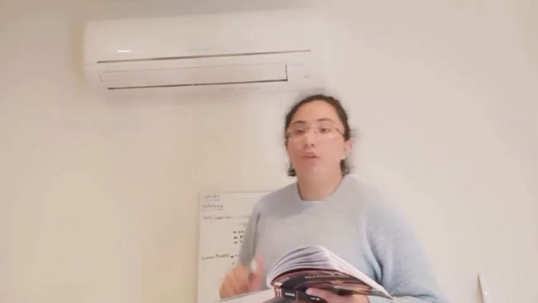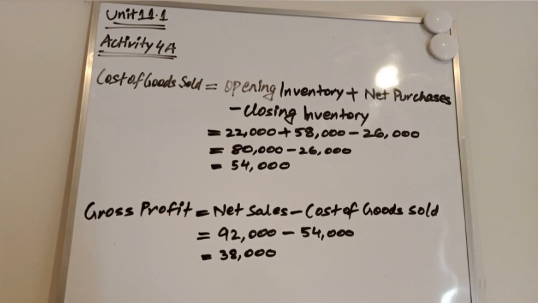So cost of goods sold is opening inventory plus net purchases minus closing inventory. So they are given opening inventory is 22,000, purchases is 58,000 and closing inventory is 26,000. So that cost of goods sold would be 54,000, which is 22,000 plus 58,000 minus 26,000.